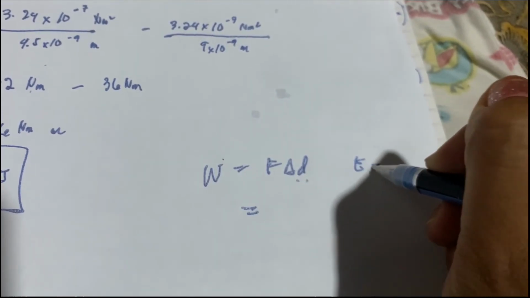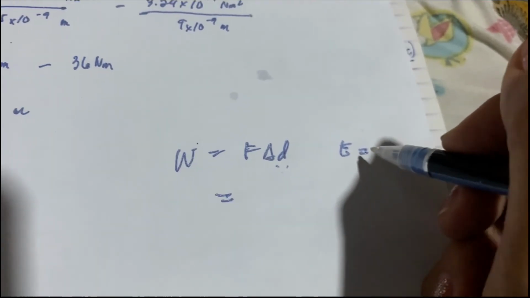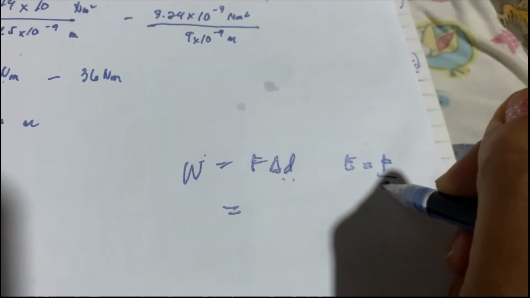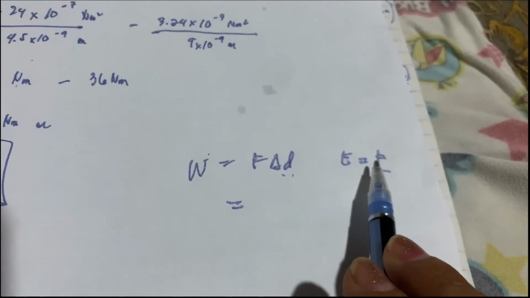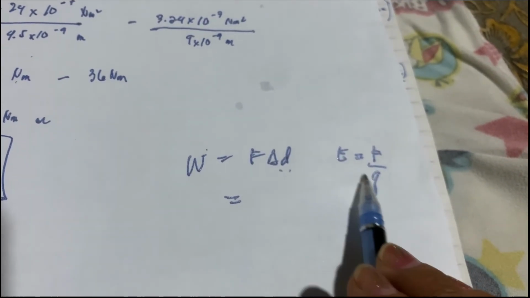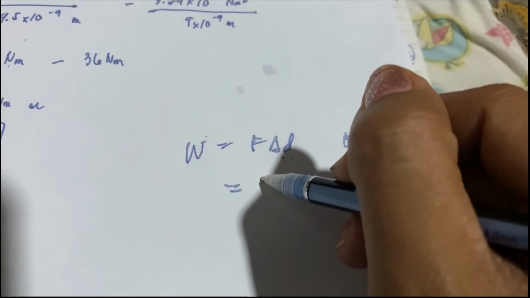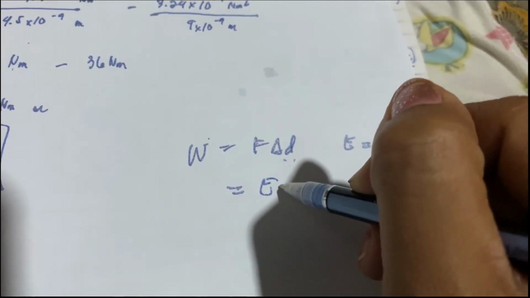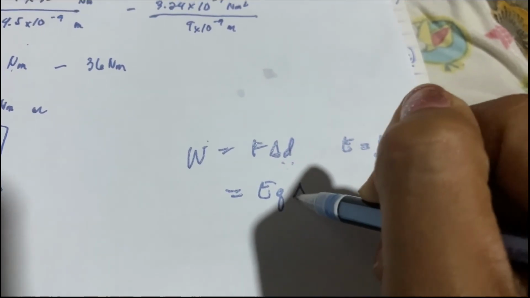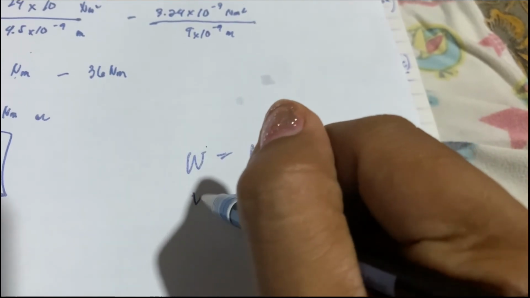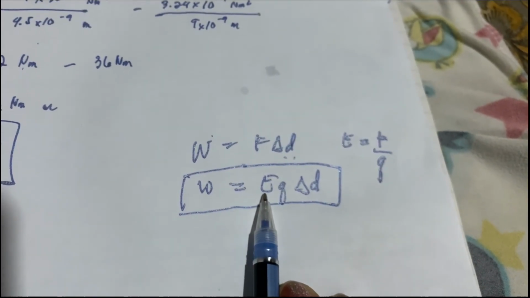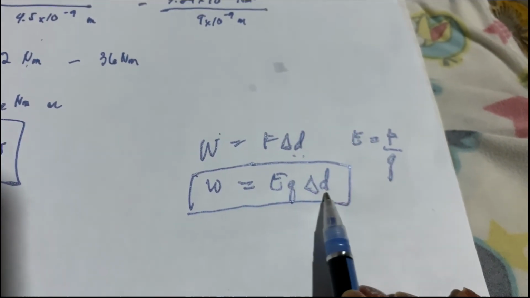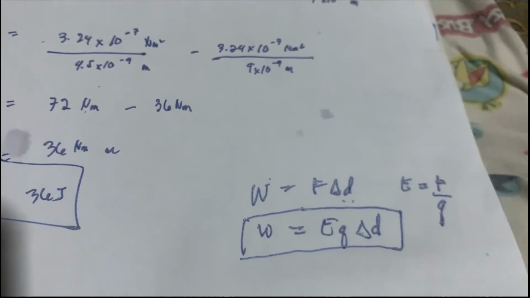When the electric field is given, we can use that, F over Q. So, from here, we can see that our F is E times Q when you cross multiply. So, you can have here E, Q, delta D. So, you can also use this work formula. This is electric field times the charge times the change in displacement.